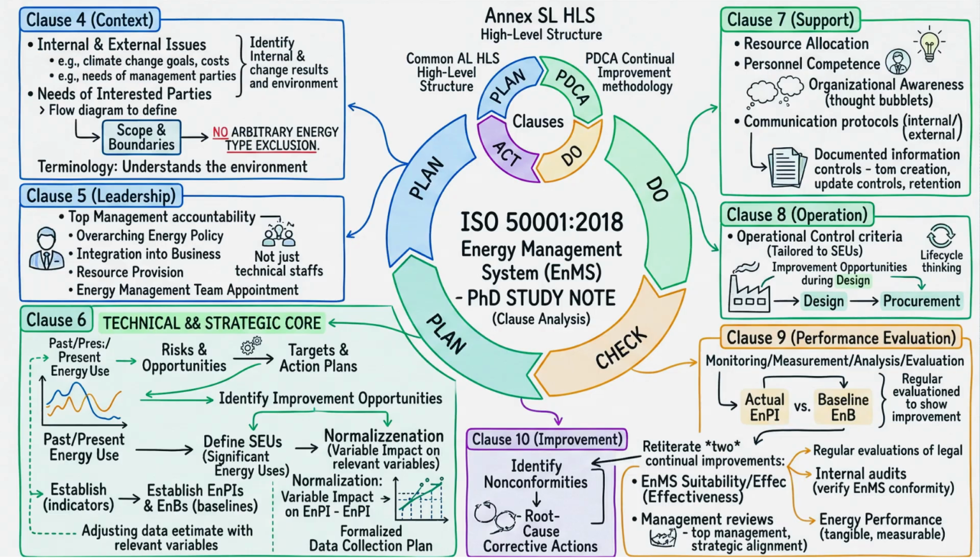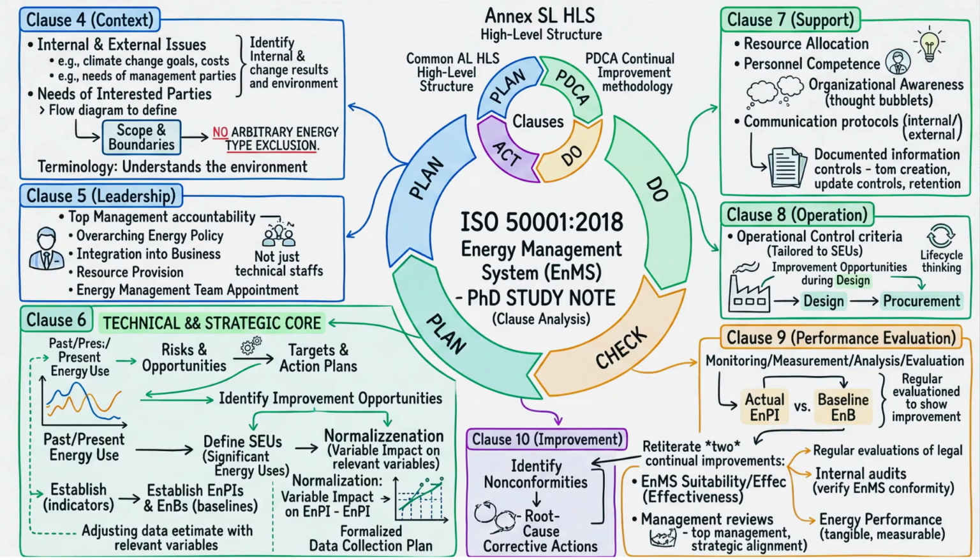Together, clauses 7 and 8 move us into the do phase of the PDCA cycle, turning plans into controlled daily operations. Finally, we reach the bottom right section covering clauses 9 and 10.